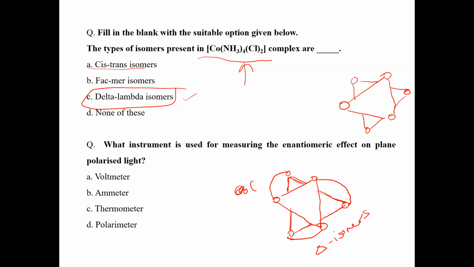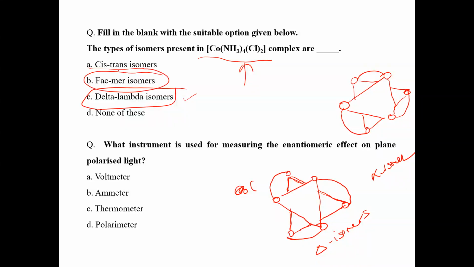Similarly, if you have this other arrangement, from this one to this one, and this and this, that will be our lambda isomer. So these are delta-lambda isomers, as sir has already explained in the class.